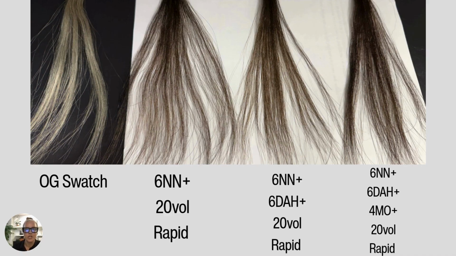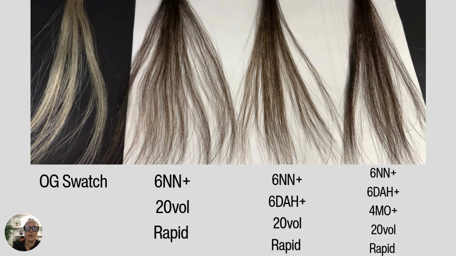The second swatch, I used 50% 6NN, 50% 60AH with the 20 volume rapid. And then the third swatch formulation was 50% 6NN, a quarter 60AH, and a quarter 4MO, plus the 20 volume rapid activator.